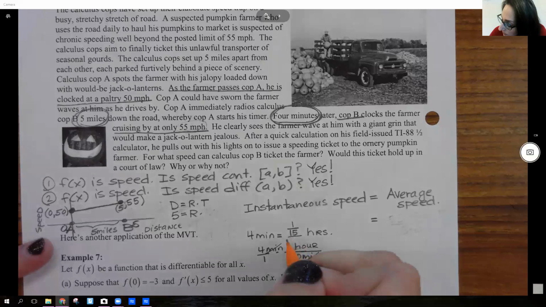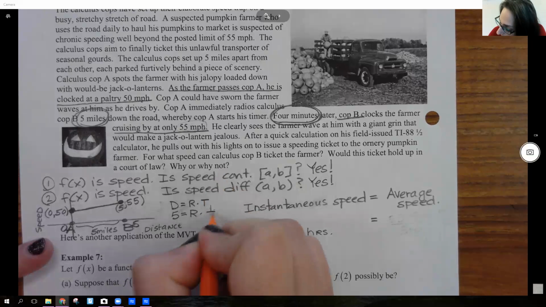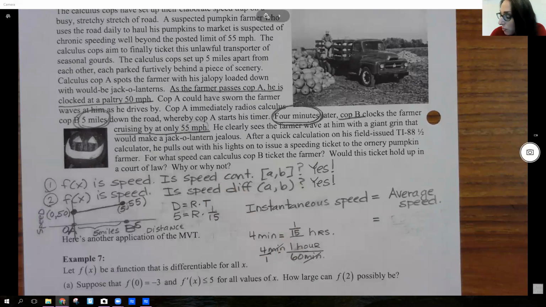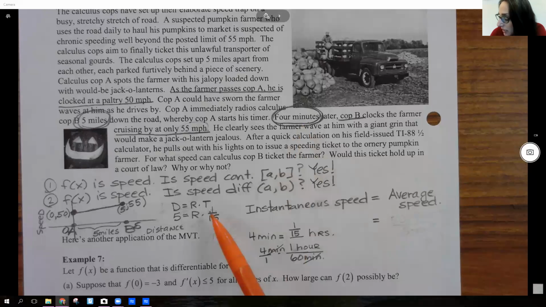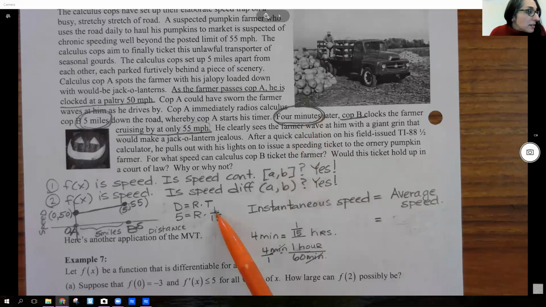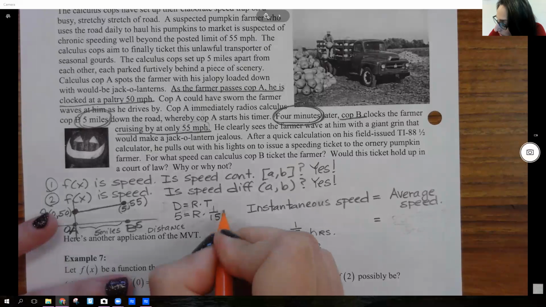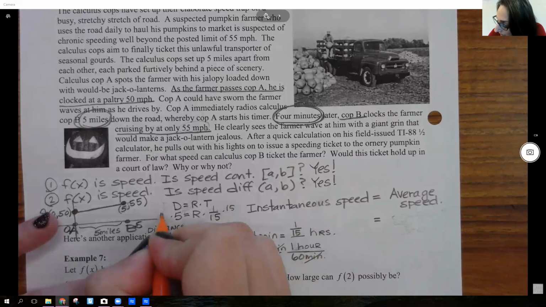Okay, so this needs to be 1/15. Because if we're talking miles per hour up here in the word problem, I can't put minutes in for the time when I do this. So 4 minutes is 1/15 hours. So get the rate by itself by multiplying by 15 on both sides.